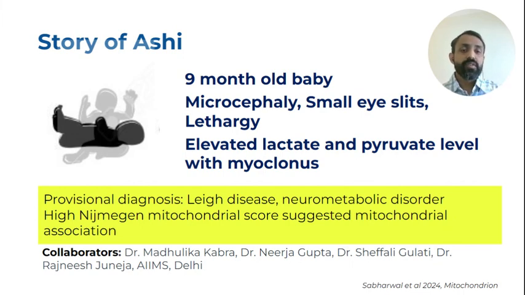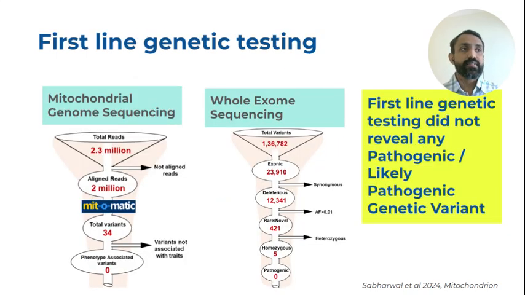Now, when you look at a mitochondrial genetic disorder, the first thing that you do is cascade testing. You would want to sequence the mitochondria. Fortunately, at that point in time, we were one of the few labs in the country doing mitochondrial genetic sequencing, and one of the first labs in the country offering next generation sequencing for mitochondrial genetic disorders. So we did sequence the mitochondria, but unfortunately, after extensive analysis, we could not find any genetic mutation which could suggest a mitochondrial genetic disorder.